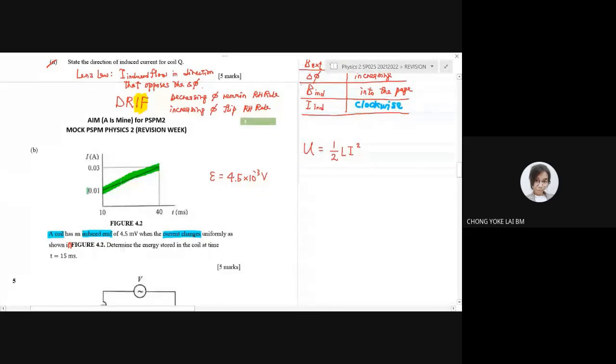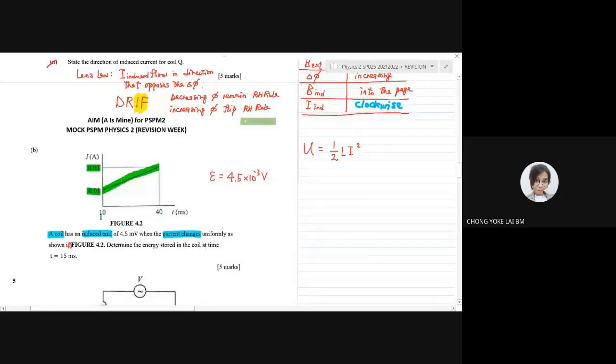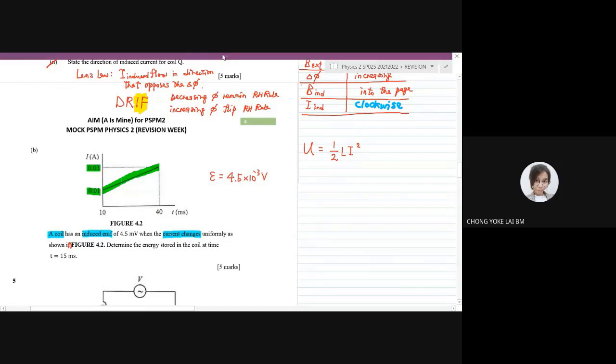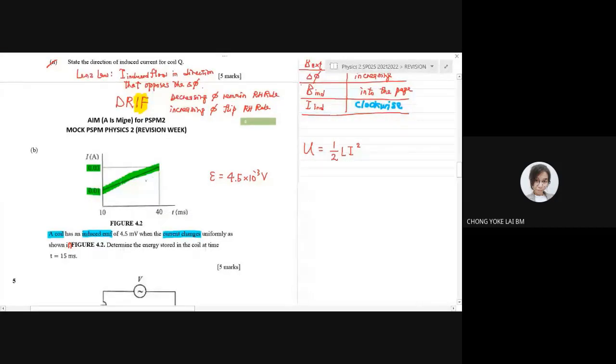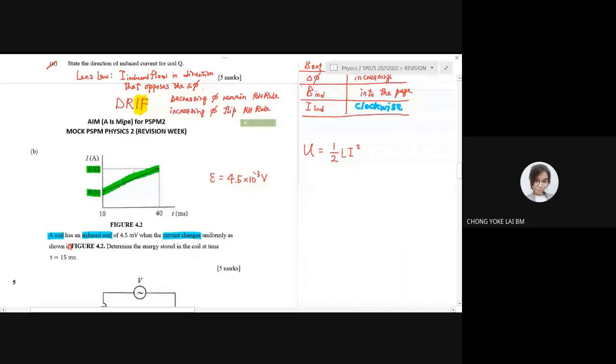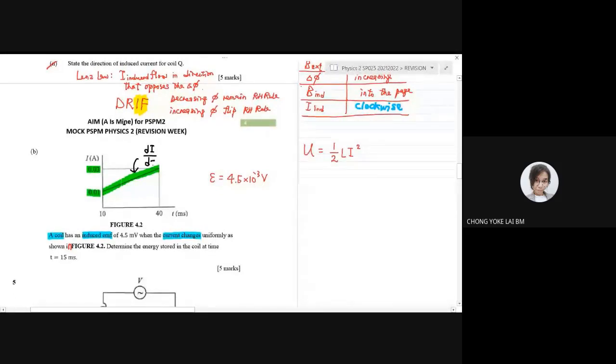The current change from 0.1 ampere to 0.3 ampere when the time change from 10 millisecond to 40 millisecond. So itu adalah perubahan current terhadap masa. Kita boleh dapat daripada graf ni. We can get the di over dt from the graph.